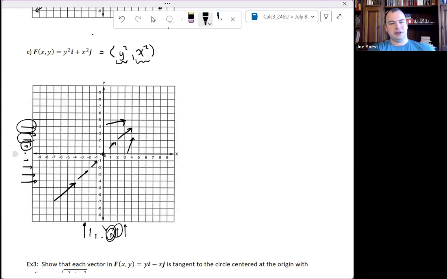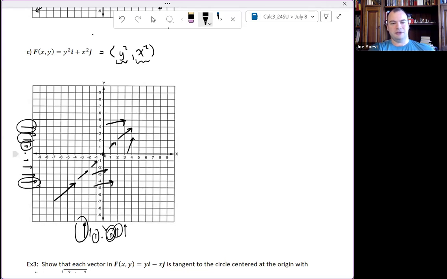But if I go a bit to the left and quite a bit down, I'm moving a lot to the right and a little bit up. A bit to the left and not quite so far down is not quite so much of an influence to the right.